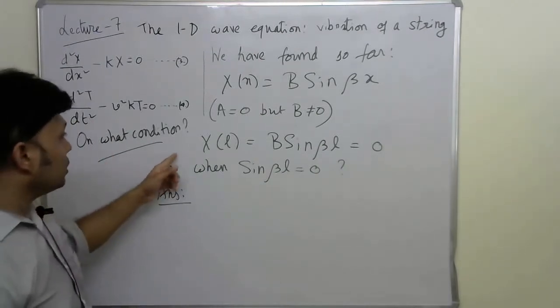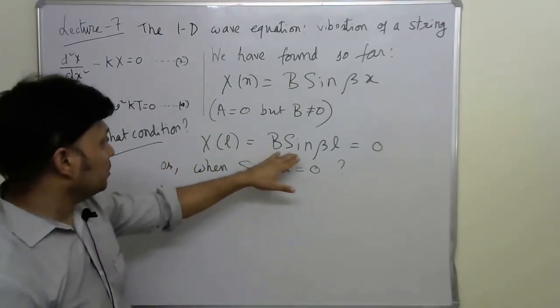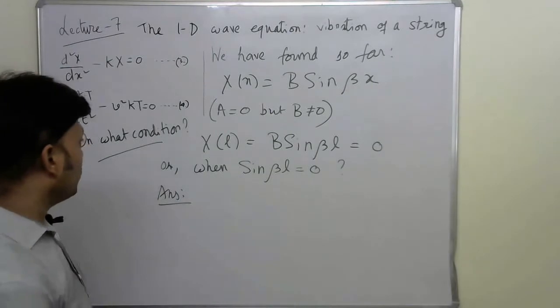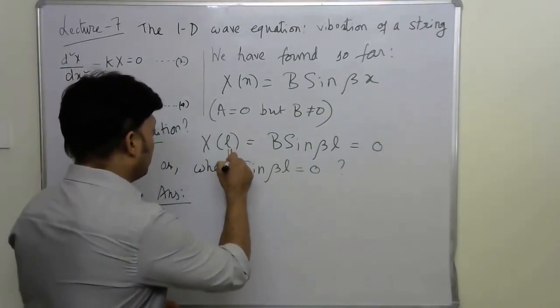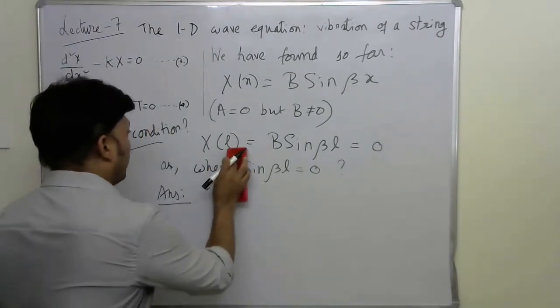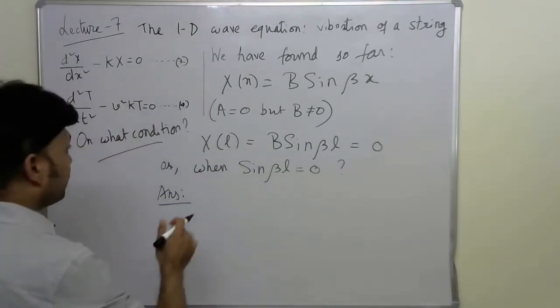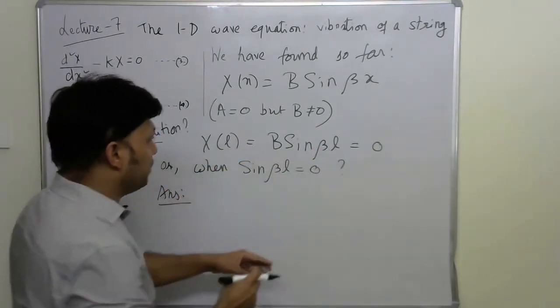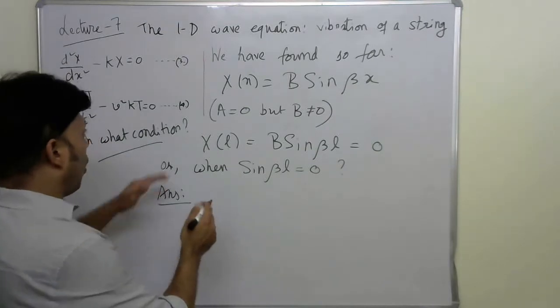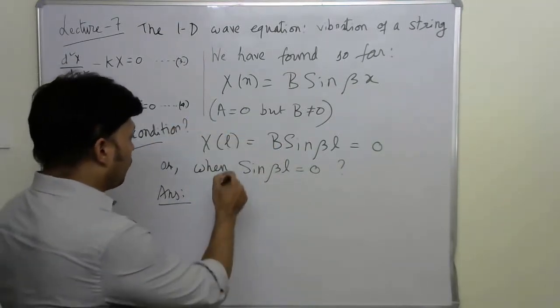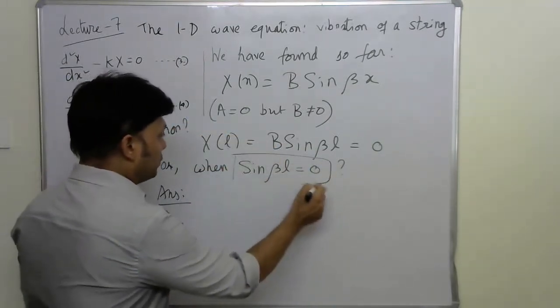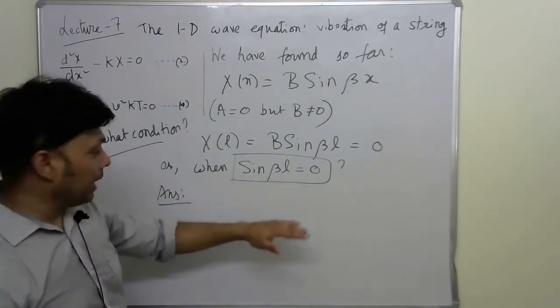So on what condition is X of L equal to b sine beta L equal to 0? We have already seen that b cannot be 0, so of course sine beta L has to be 0. The question is, when is sine beta L equal to 0?